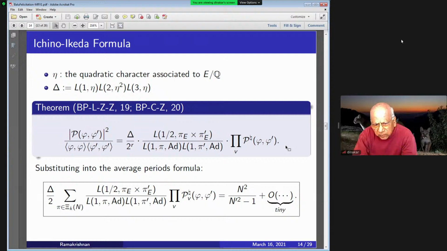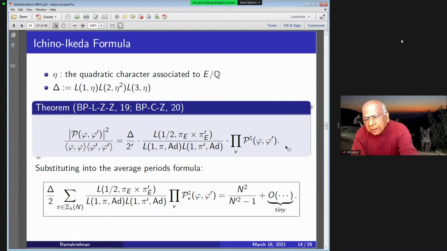There are some special constants, and the denominator L functions, in the GL2 case, would be like the symmetric square L function. That's what happens for pi prime, but for pi it's a different one. It's a degree 8 L function, but it's manageable, and the value is at 1, so we can understand it and bound it well. It's not complicated.